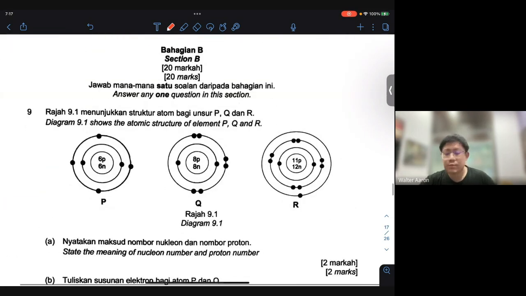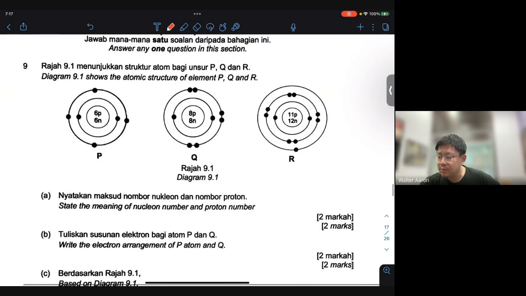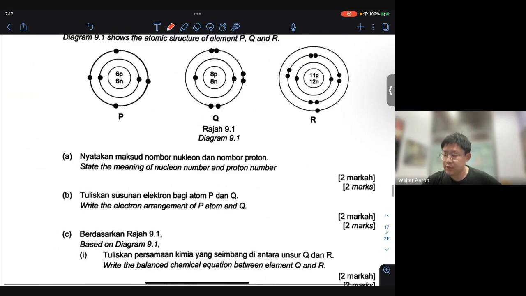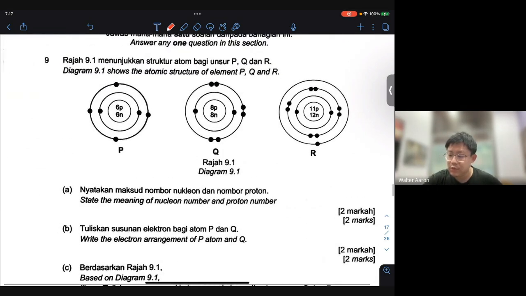Let's move on to section B. For section B over here, diagram 9.1 shows the atomic structure of P, Q, and R. So we got 6, 6, 8, 8, 11, 12. State the meaning of nucleon number and proton number. So I think that'll be very easy. For nucleon number, it is the total number of protons and neutrons.